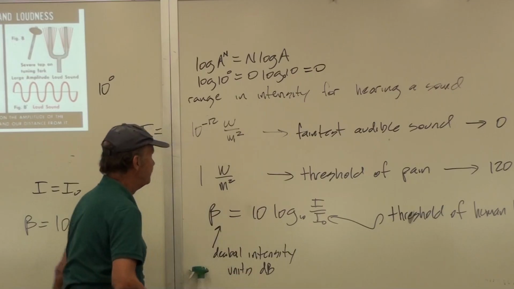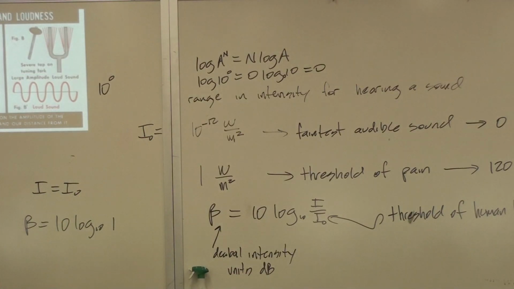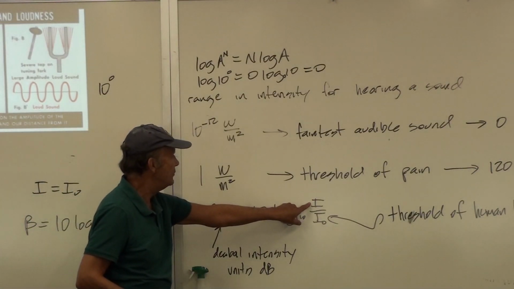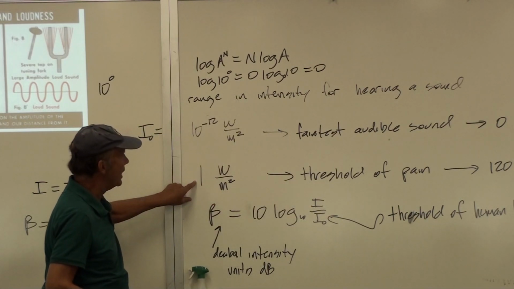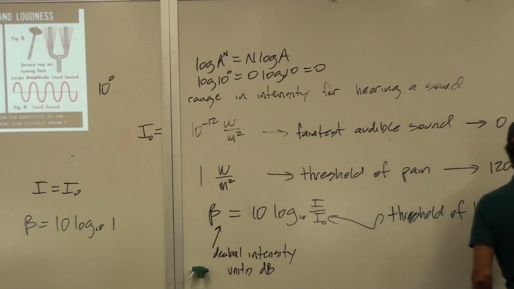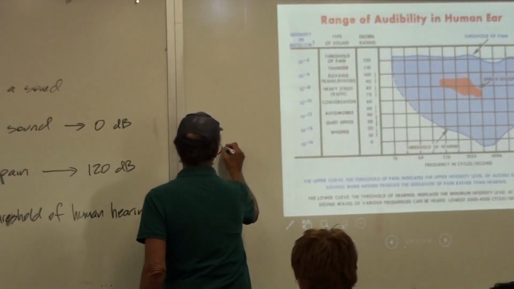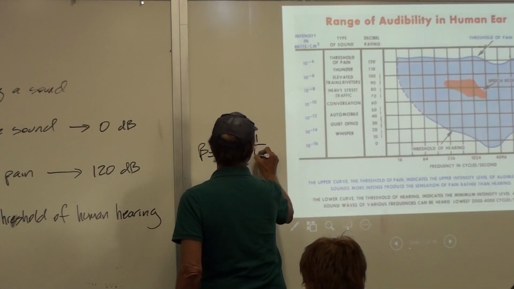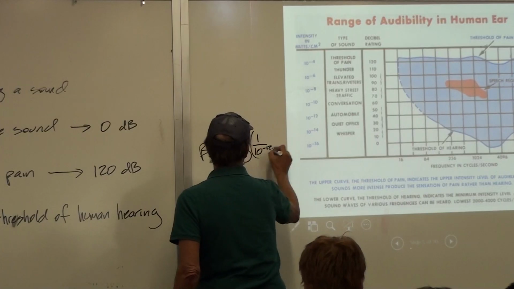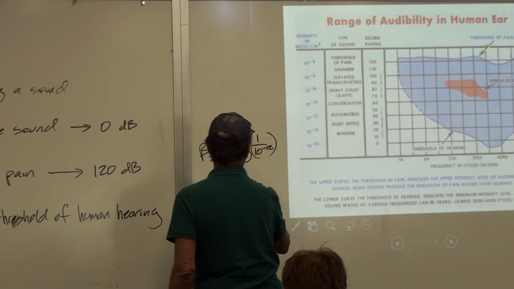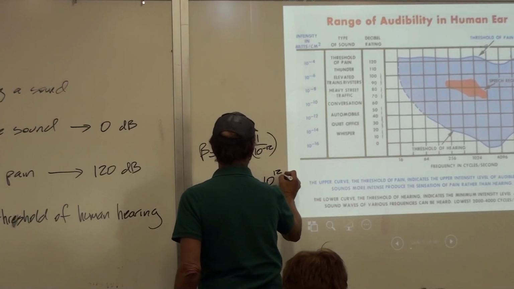Okay. But then if we go up to the maximum threshold of human hearing, then we're up here at 1 watt per square meter. Then beta, for that value, is going to be 10 times the base 10 log of 1 divided by 10 to the minus 12. The units will cancel out, and so that'll be 10 times the base 10 logarithm of 10 to the 12.